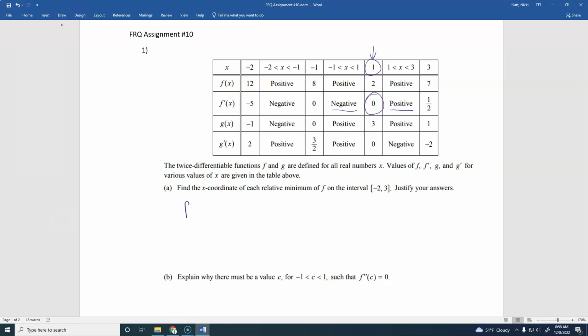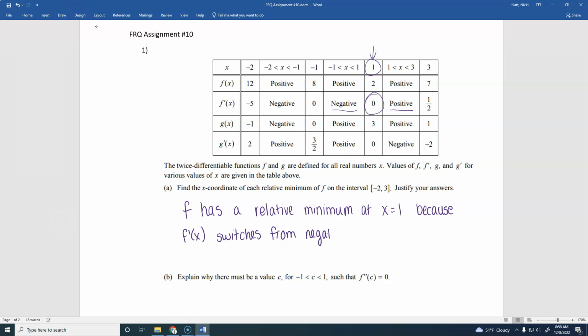So we would say f has a relative minimum at x equals 1 because f prime of x switches from negative to positive.